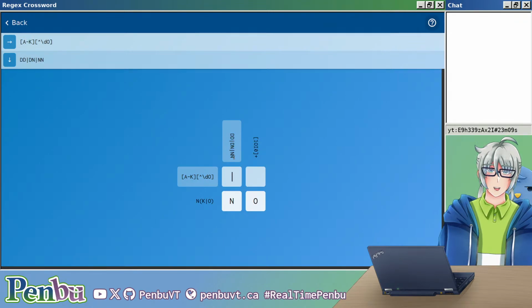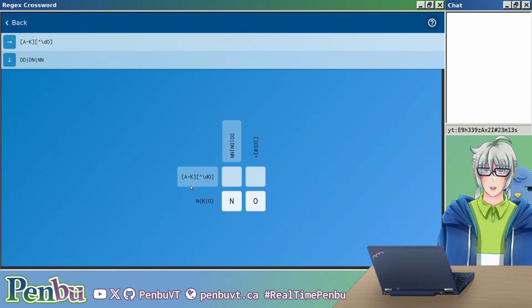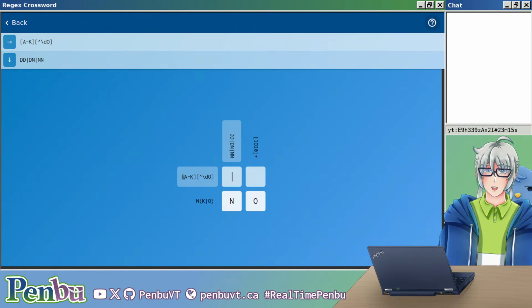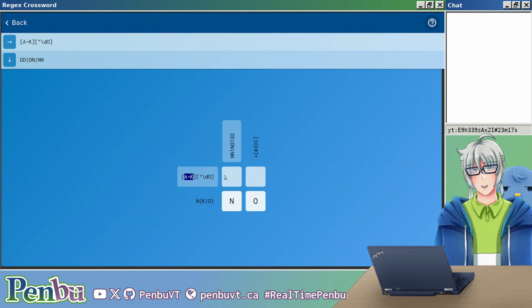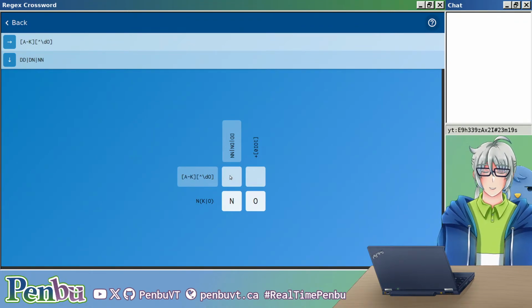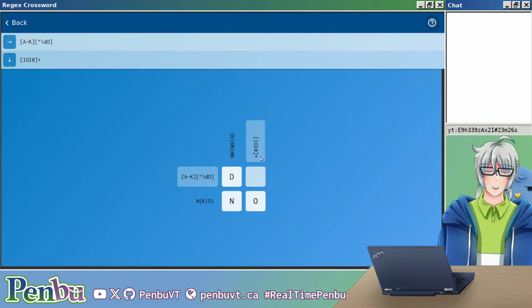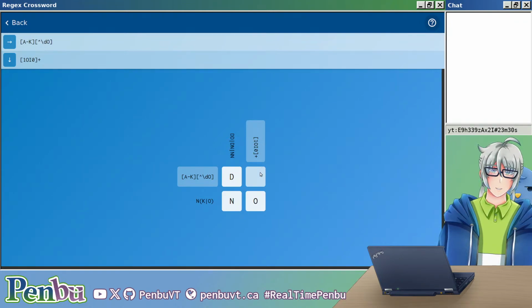So this is either a D or an N because the first one is eliminated. It can't be an N because A and N is not within the range A to K. So that has to be a D. And this is any non-digits and not an O. So we have digits 1, 0, O, which leaves I.